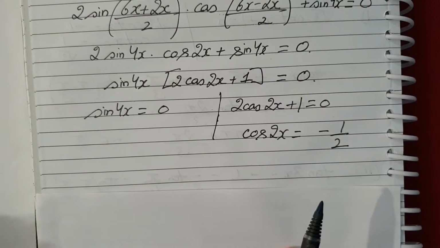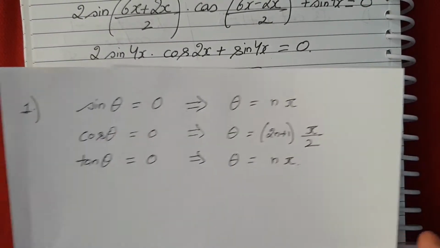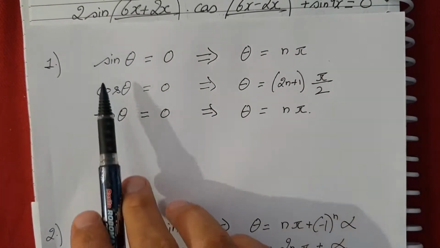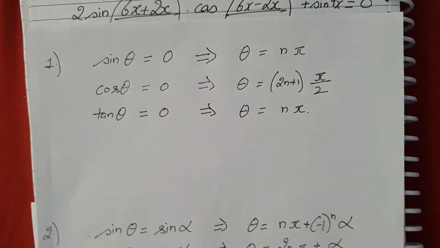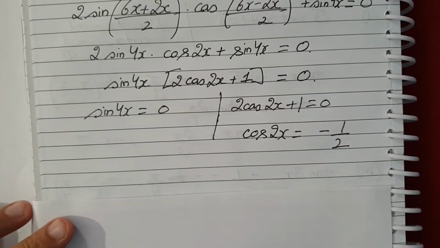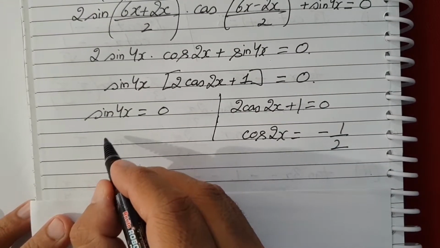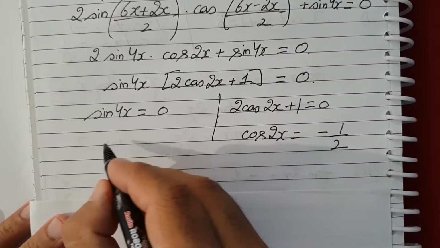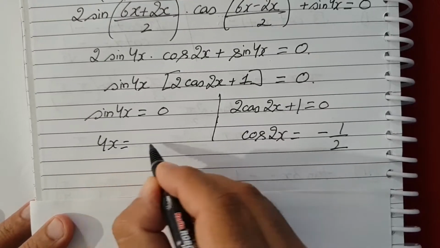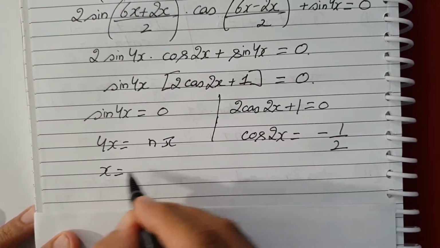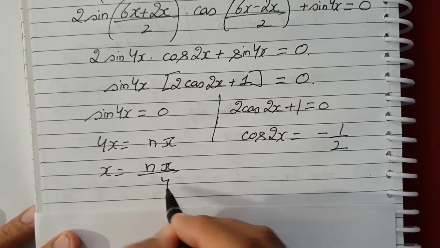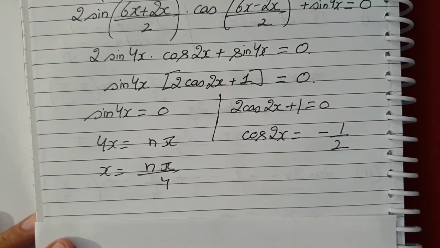We can use the formula from the formula sheet: when sin theta equals 0, theta equals n pi. So here sin 4x equals 0, so 4x equals n pi. So x equals n pi by 4. This is the general solution of one of them.